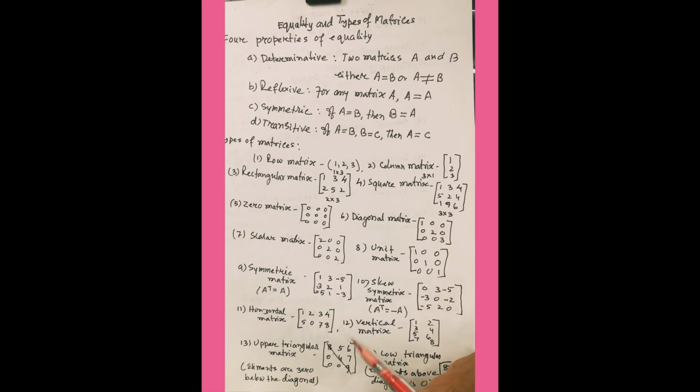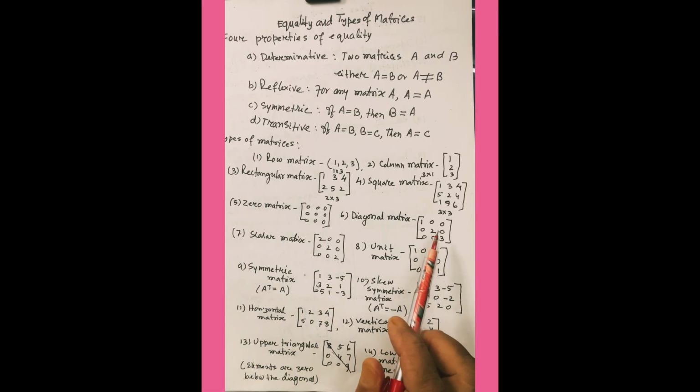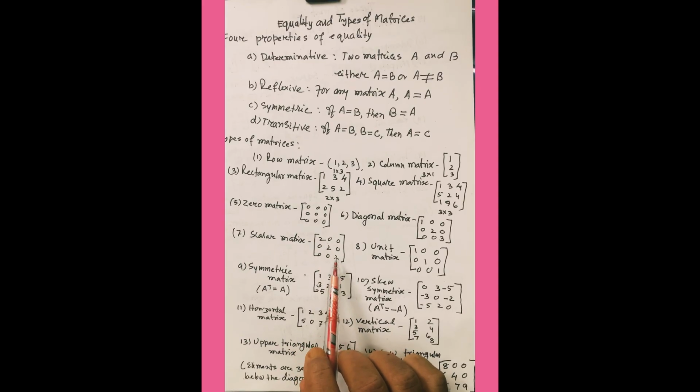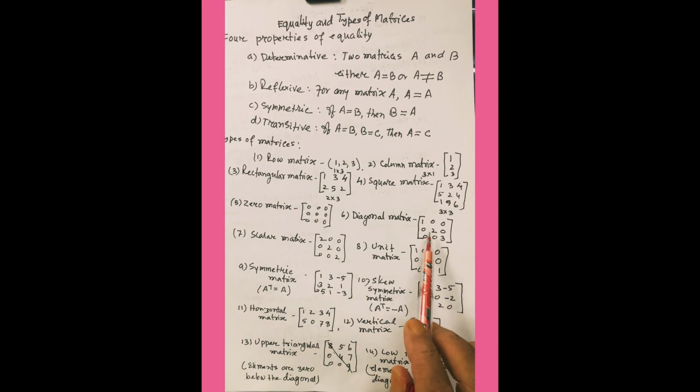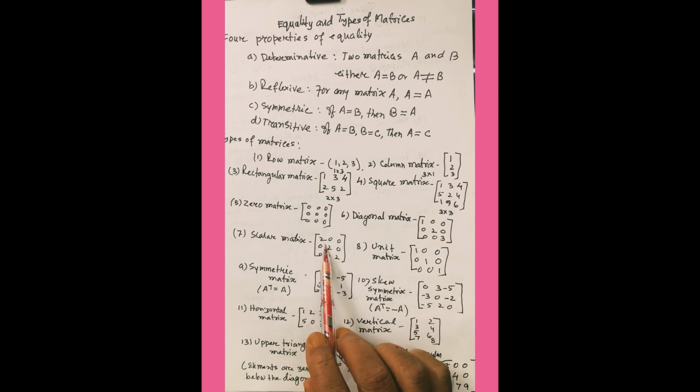That is called a diagonal matrix. And scalar matrix is the same as a diagonal matrix, but the diagonal elements are the same. Here it is 2, 2, 2. In the diagonal matrix it was 2, 3, 1, which are not equal, but in a scalar matrix, the diagonal elements are equal.